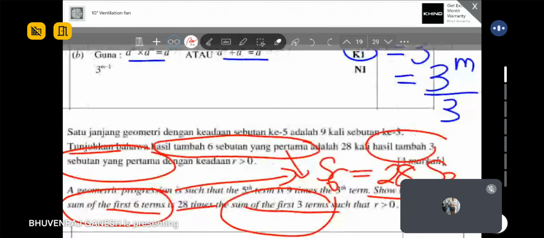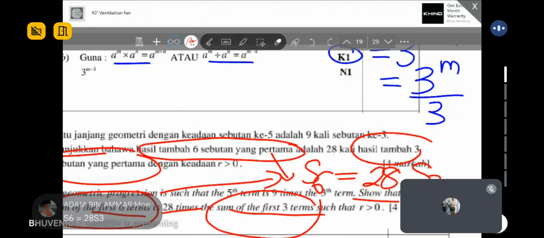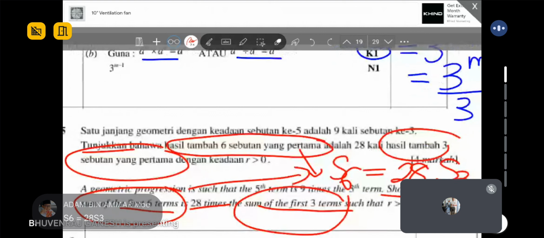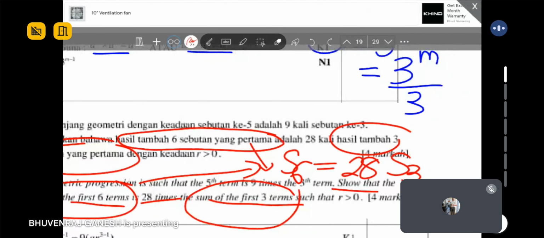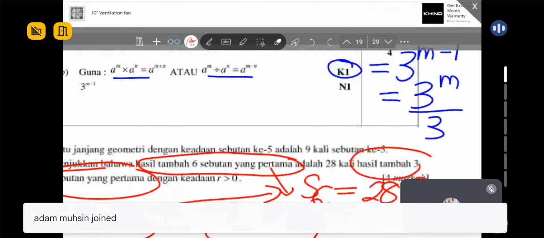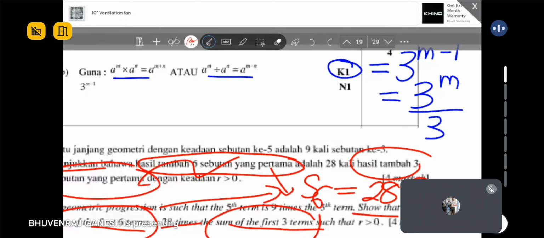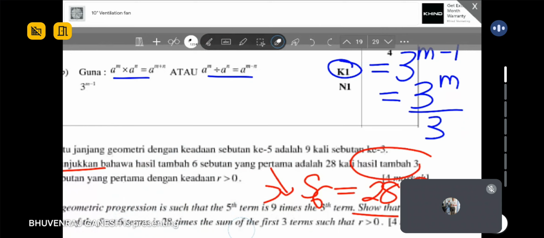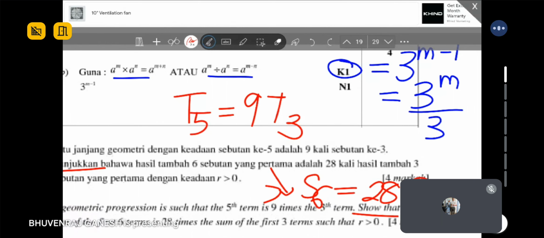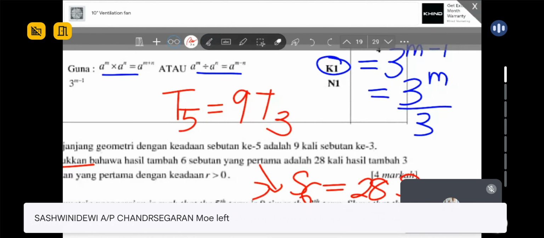Is means equal in maths. Okay? Yes. Okay, so now they tell the 5th term is 9 times the 3rd term. Okay, so you can write T5 equal to 9 T3. Can? So this is your 2 pieces of information.